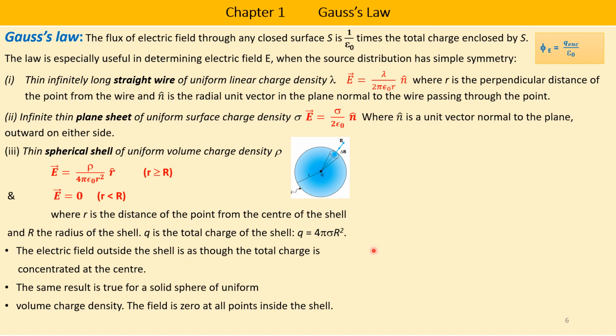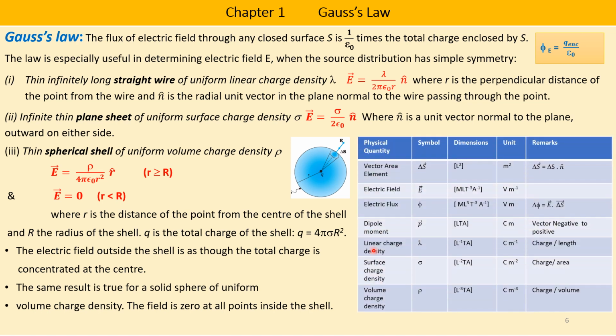So there will be some objective type of questions. Please remember it. So here in the table on the right hand side, a comparative chart is given. So you note down the quantities, volume, surface element, electric field intensity, various dimensions, units and remarks are given. This is also given in the link in the description part of this video.